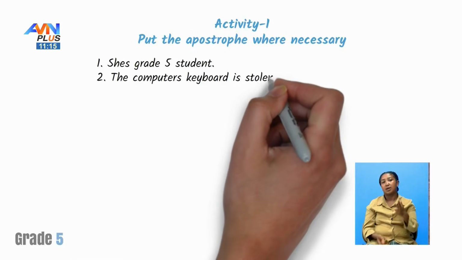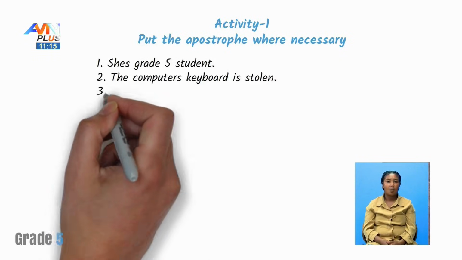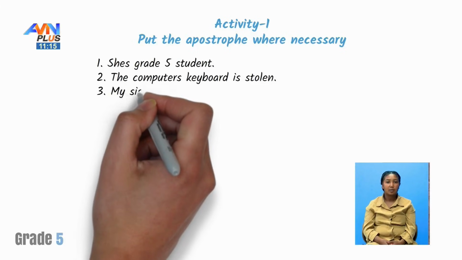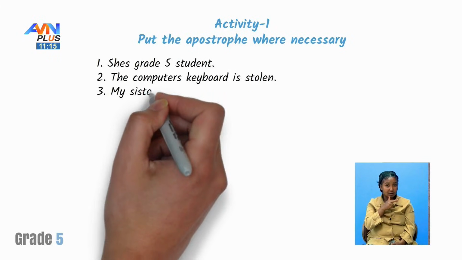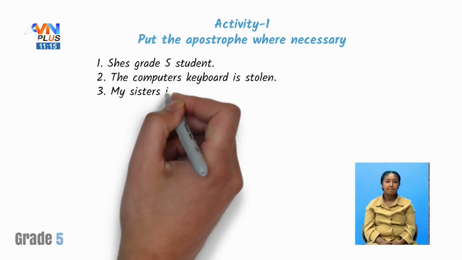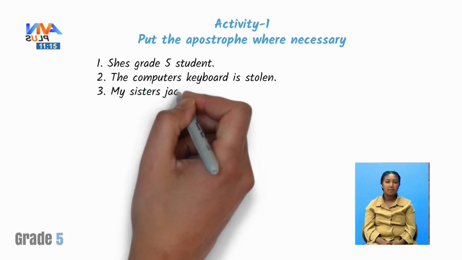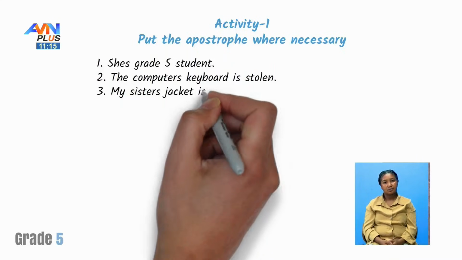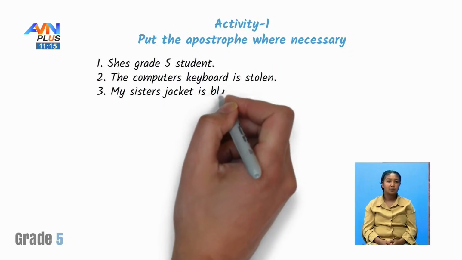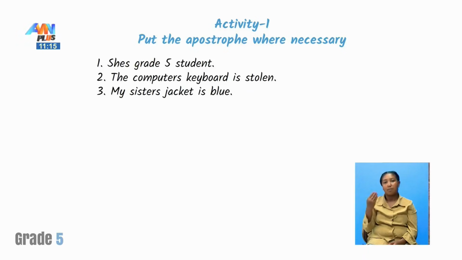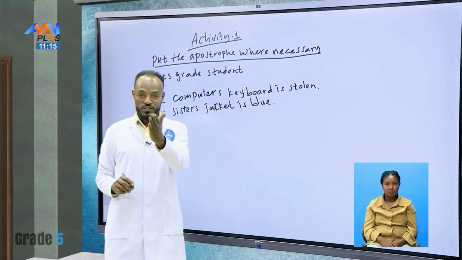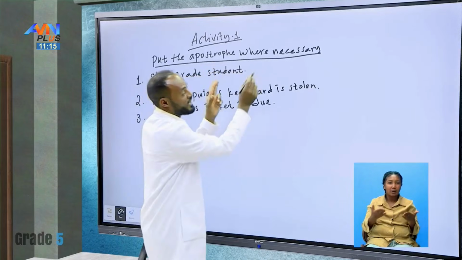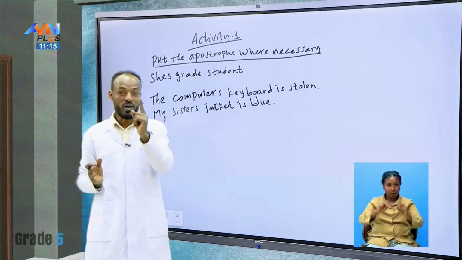Number 3: My sister's jacket is blue. Please identify or put the apostrophe where necessary. Okay? You have only 1 minute.